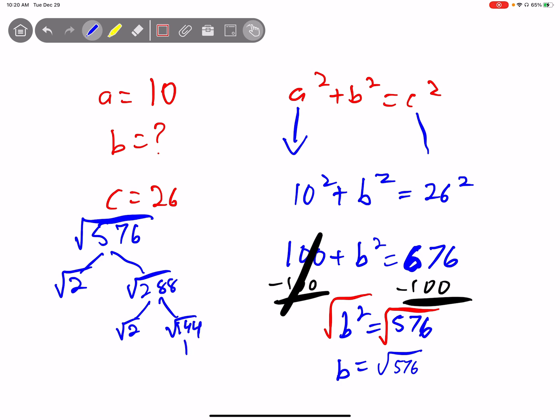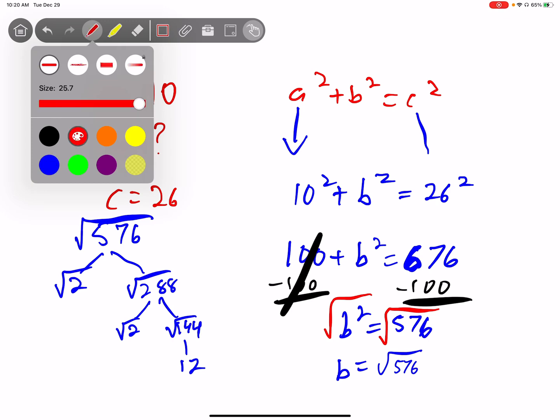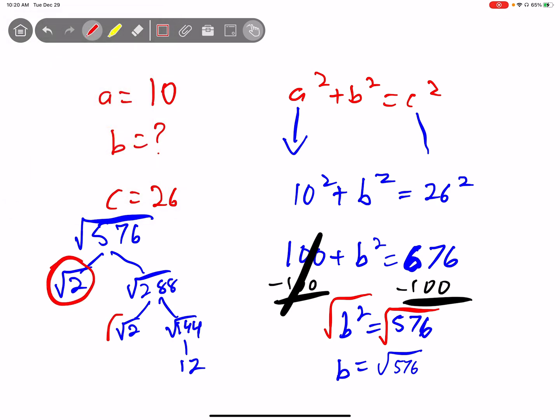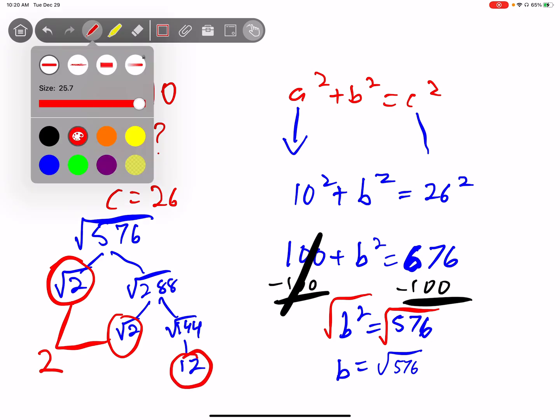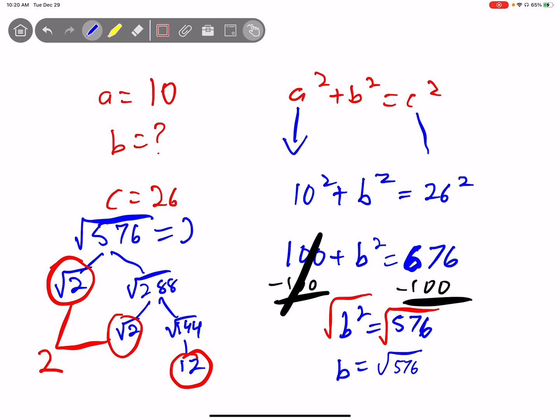I know the square root of 144 is 12. I'm done breaking it down. These two give me 2 times 12, which gives me 24. So B equals 24.